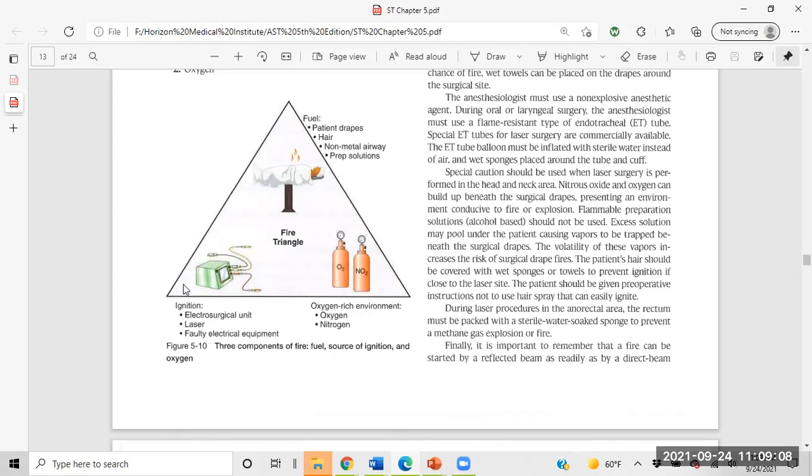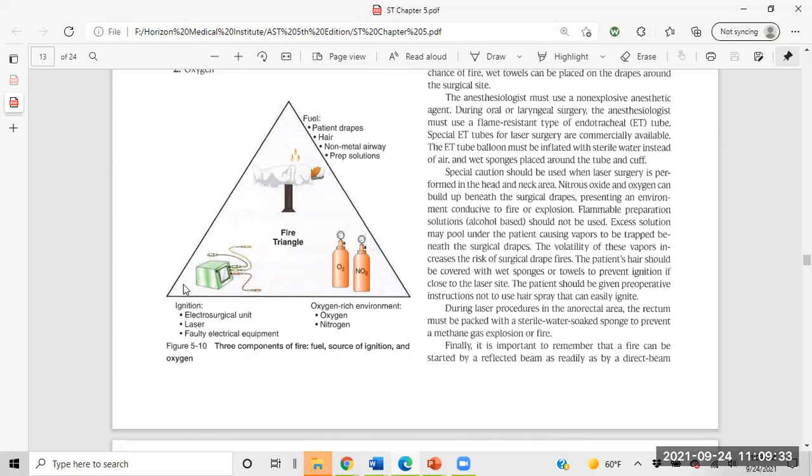That's why the face is a big area of fire risk. Those drapes that I talked about, that plastic and paper wrapped up into one, it's a really easy starter or fuel. Then the non-metal airway, and then those prep solutions, because there's a lot of alcohol in those. And so those are some very easy fuel sources.